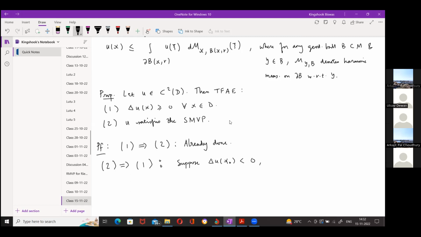So then, since U is C2, by continuity of the second derivative, the Laplacian will be strictly negative for all x in a neighborhood of x naught.